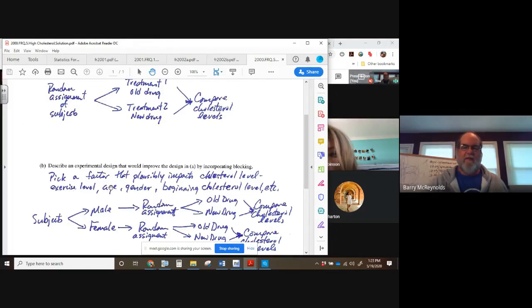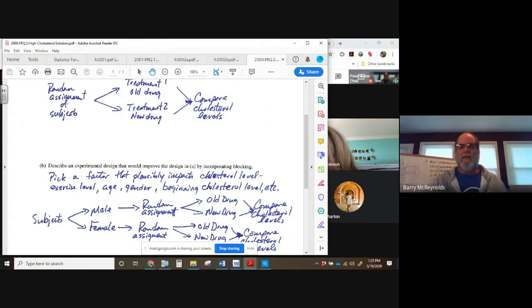You could also block the subjects on age or separate them based on age. You could have, I don't know, subjects above 40 and subjects younger than 40, or pick the age, it doesn't matter. You could also separate the subjects by gender.